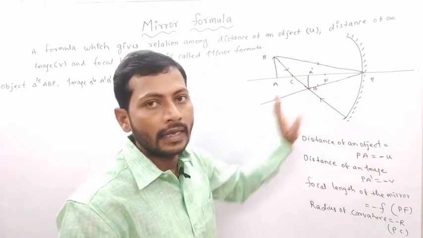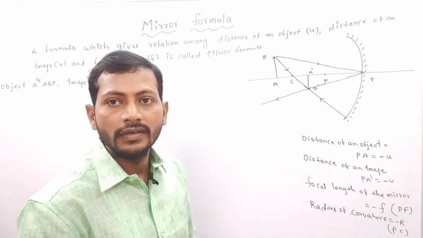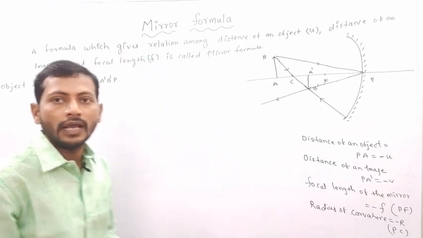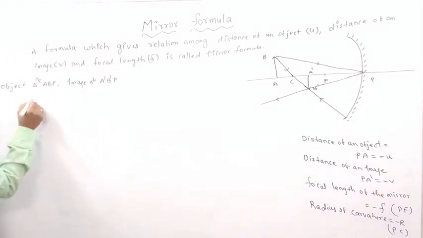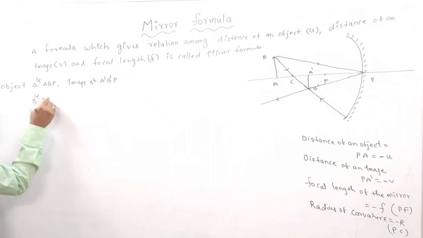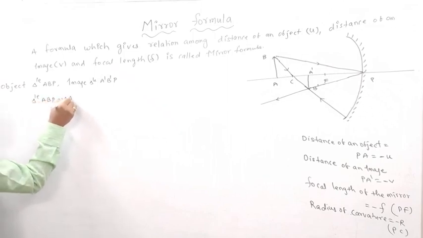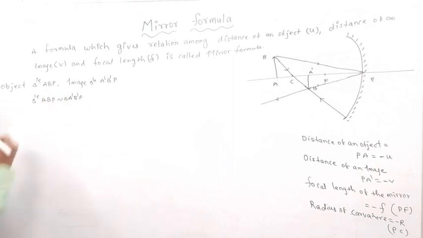These two triangles are right angle triangles. That's why the two are similar triangles. I am writing here triangle ABP is similar to triangle A dash B dash P.